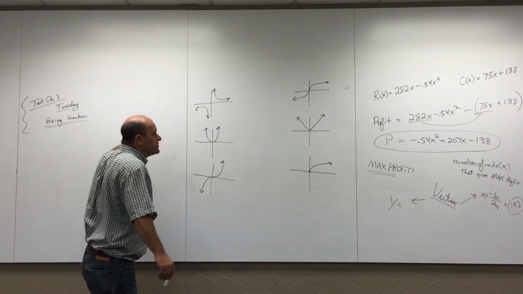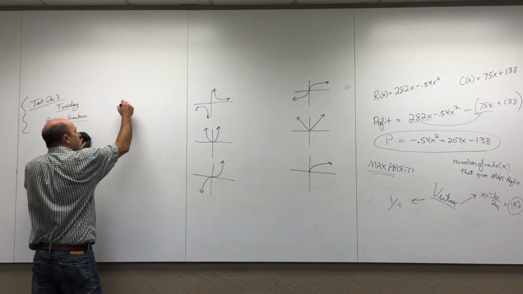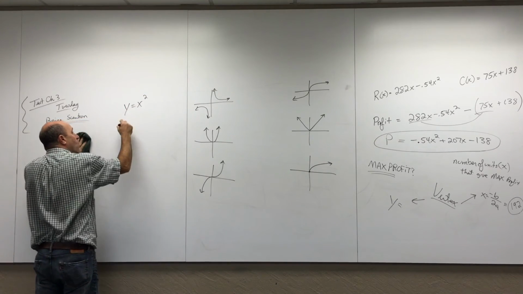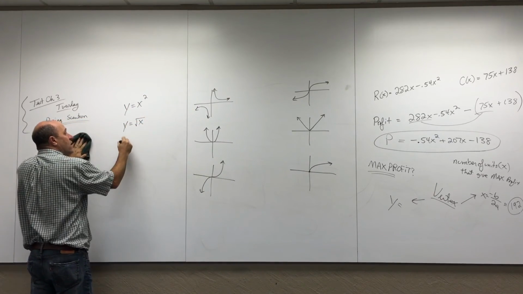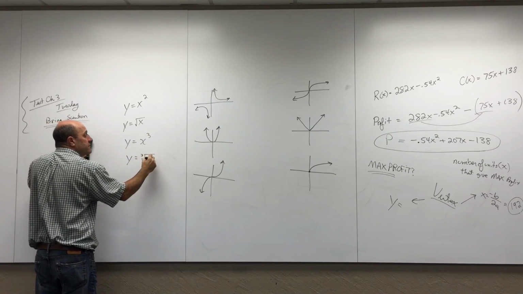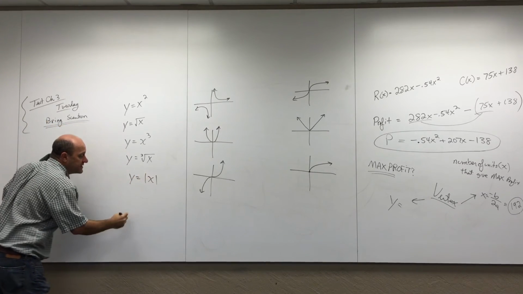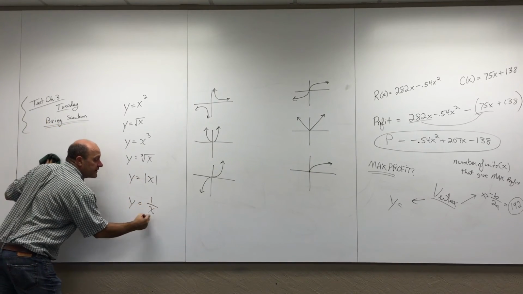The 6 equations were y equals x squared, y equals the square root of x, y equals x cubed, y equals the cube root of x. And then the other 2 were y equals the absolute value of x and y equals 1 over x.